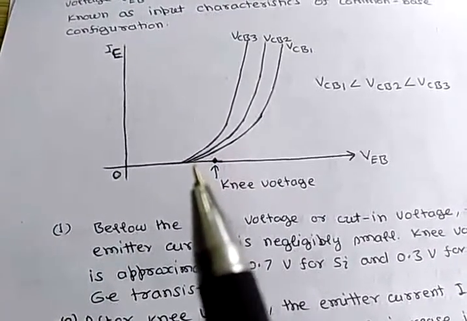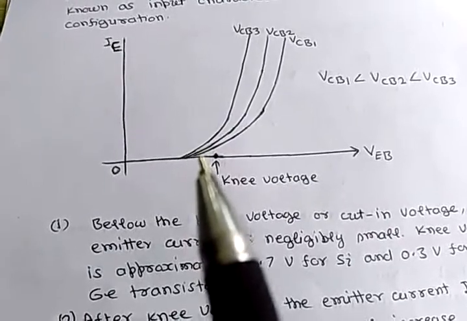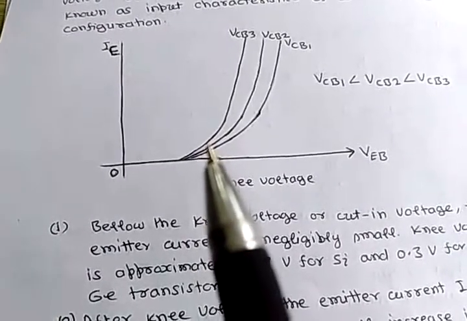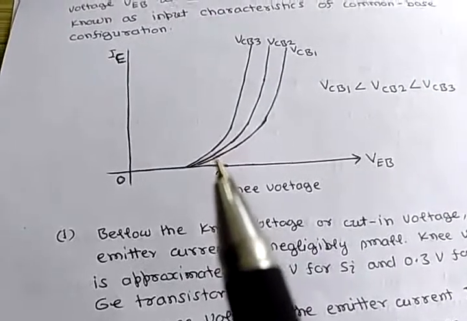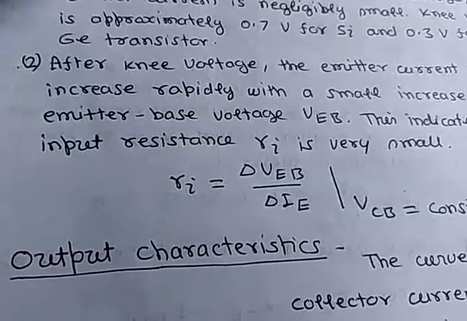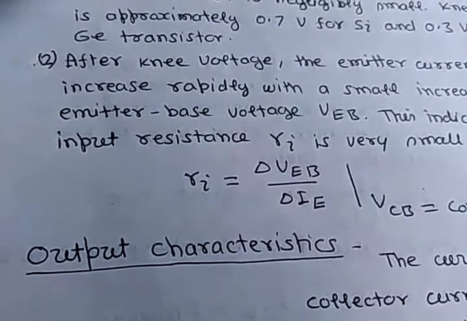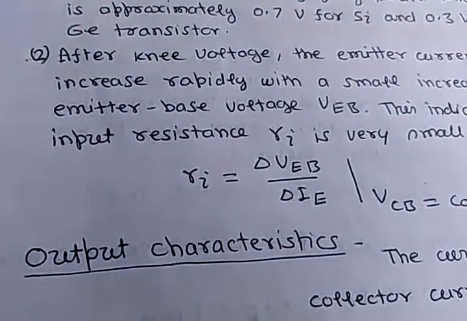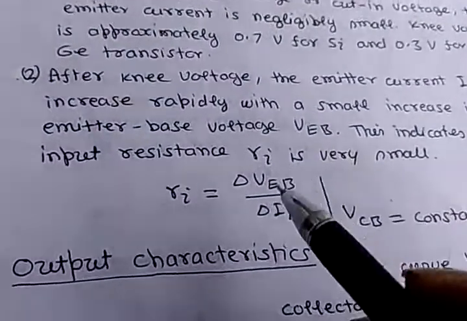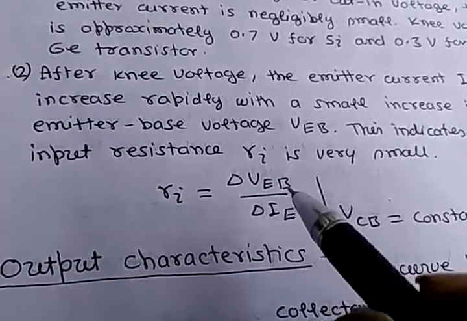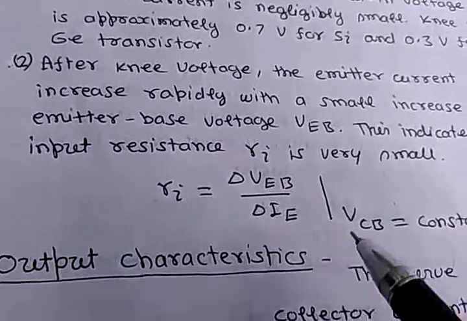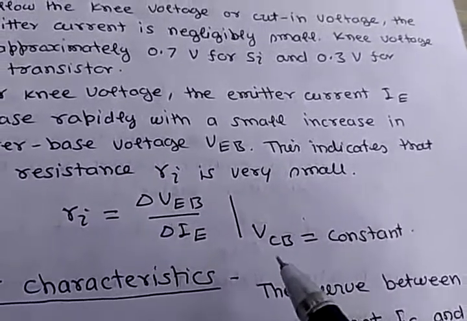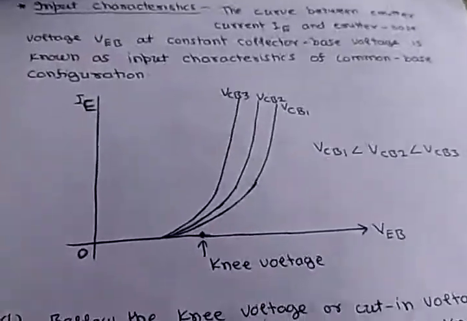When we increase the emitter to base voltage beyond the knee voltage, the emitter current increases rapidly. Input resistance of common base configuration is the ratio of change in the emitter to base voltage to the change in emitter current at constant collector to base voltage.